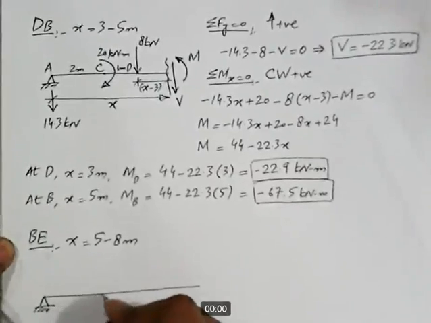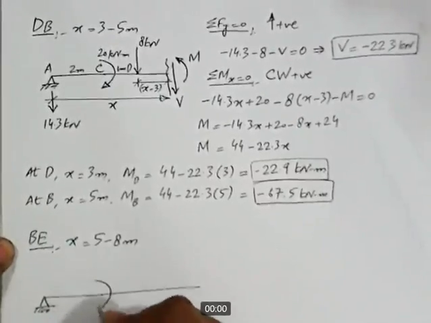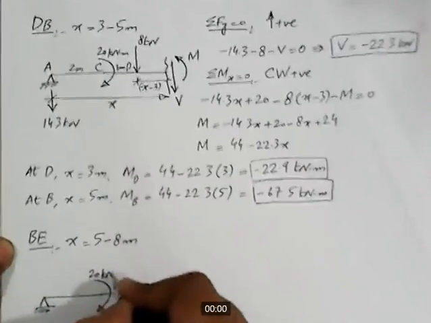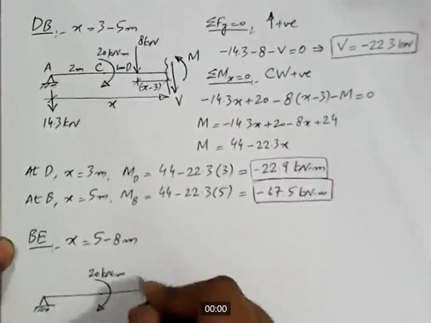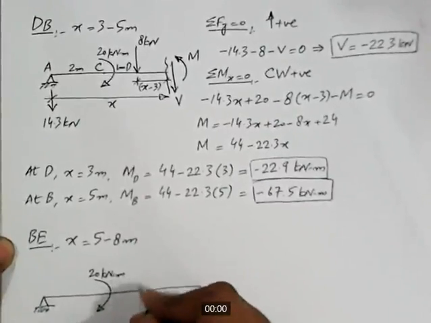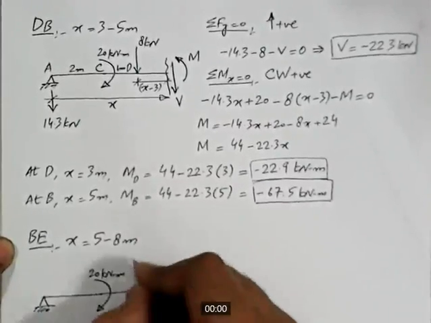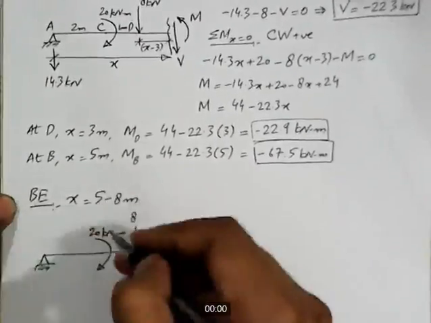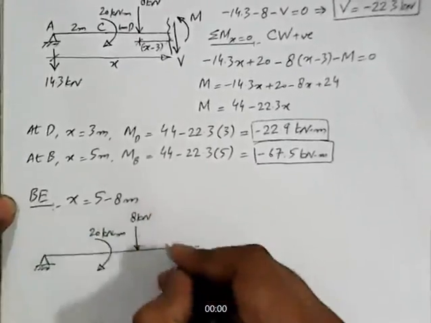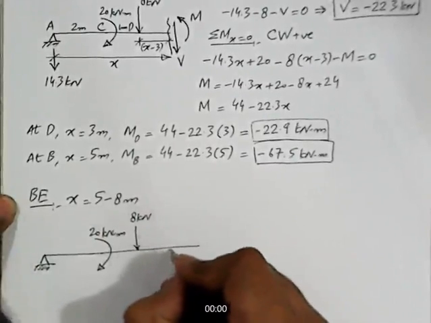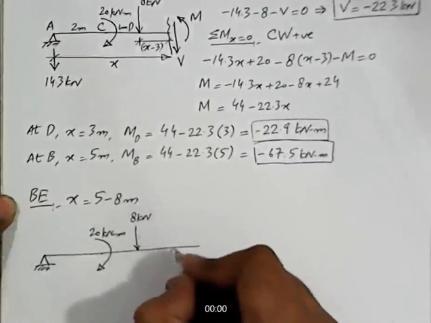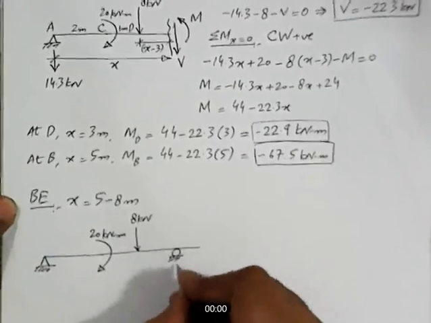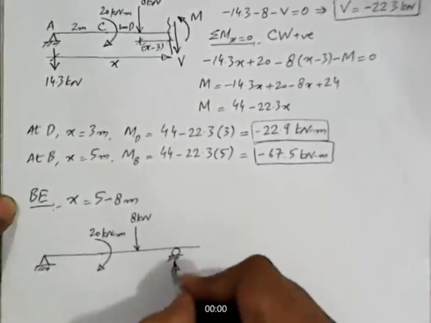We have a hinge support, point moment 20 kilonewton meter, and then we have a point load, magnitude is 8 kilonewton, and then we have a roller support here, and under the roller support we have a reaction.